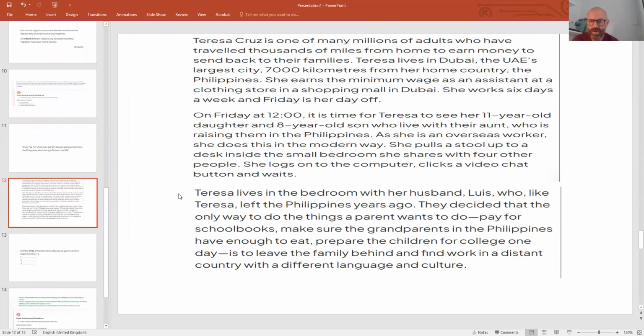She's left her children. That's not nice, is it? But it happens a lot for overseas workers. She has to feed them. Teresa lives in the bedroom with her husband Louise, who, like Teresa, left the Philippines years ago. They decided the only way to do the things their parents want to do was to pay for school books and make sure they have enough to eat. That's why they've left.